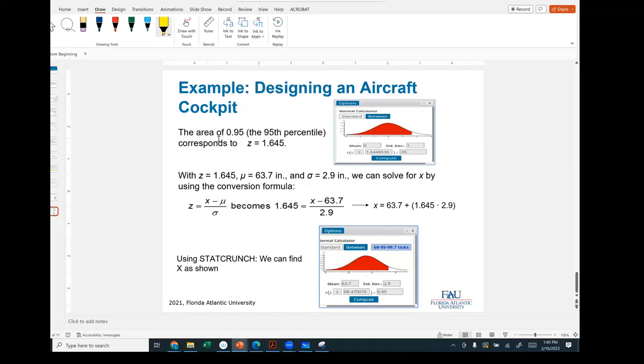So basically the area of 0.95, that's what I put over here on the right side, corresponds to a z-score of 1.645. That's if I leave the mean to be 0 and the standard deviation to be 1.